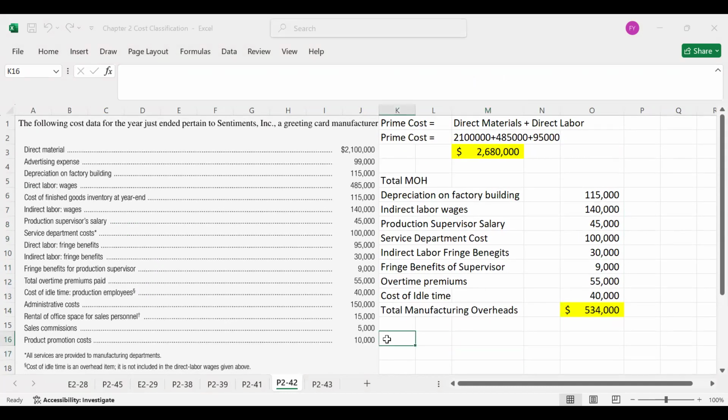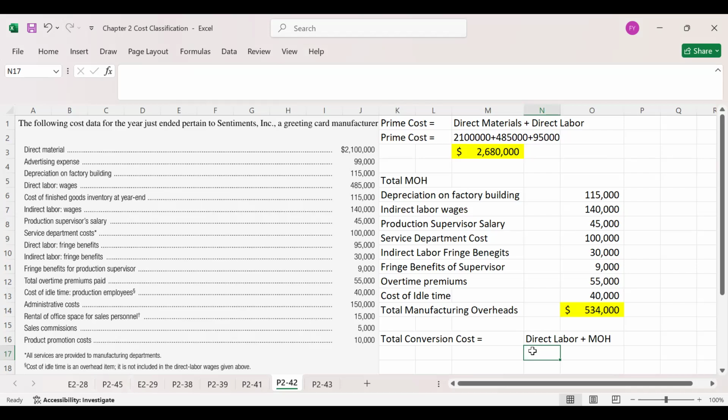So total conversion cost includes direct labor cost and total manufacturing overhead. So direct labor cost is here: 485 are the wages and 95 are the fringe benefits of direct labor.